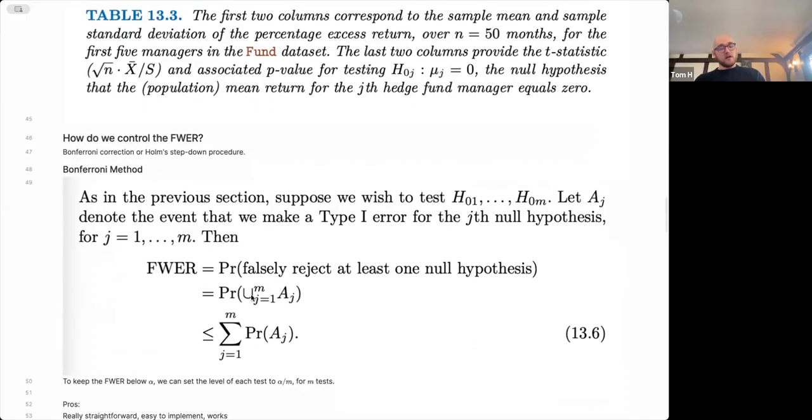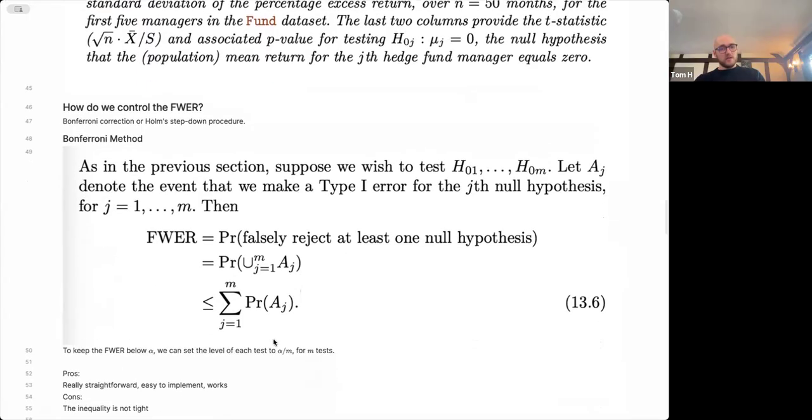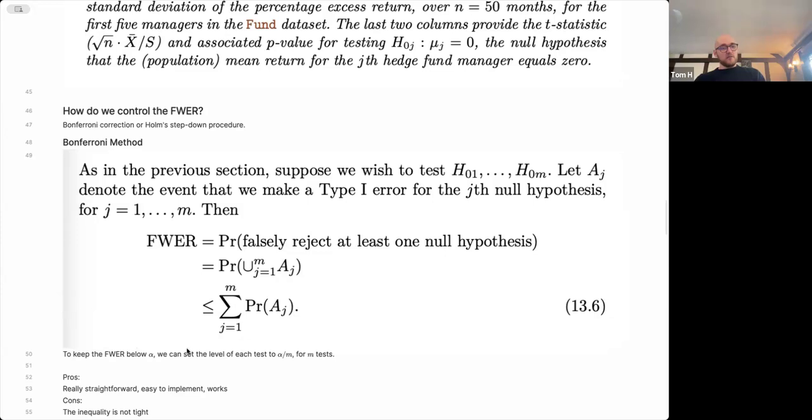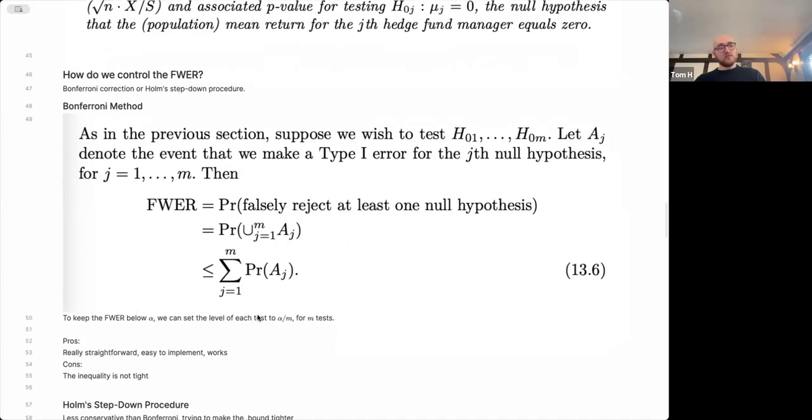And from your basic laws of probability, the probability of a union is less than the sum of those probabilities. So that then gives us a bound, because to keep the family-wise error rate below alpha, we can just set this to being less than alpha over M, and then we have M of them. So then M times alpha over M, you get the family-wise error rate will be less than alpha.